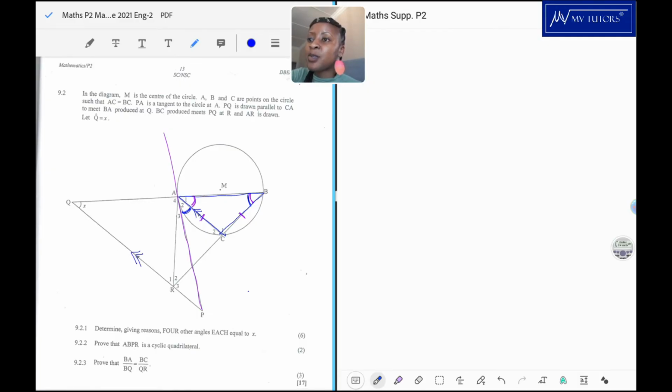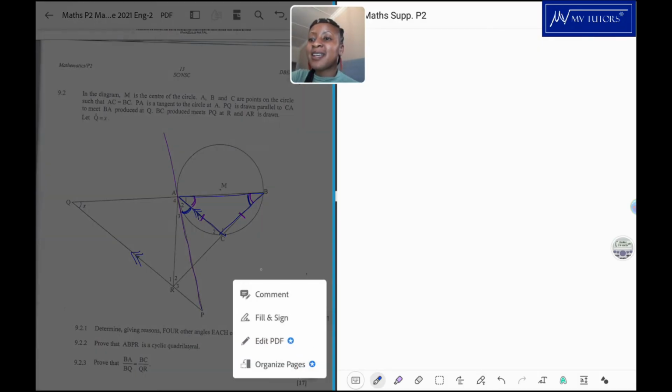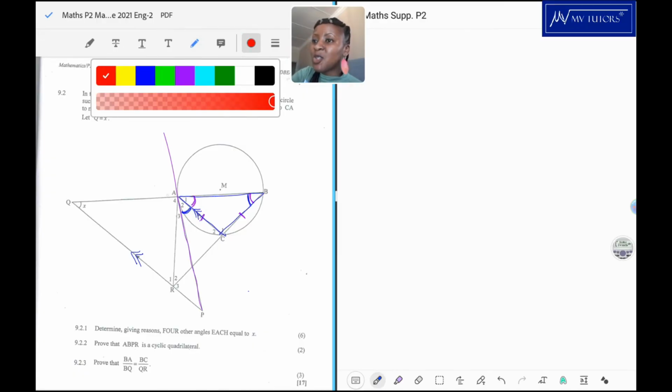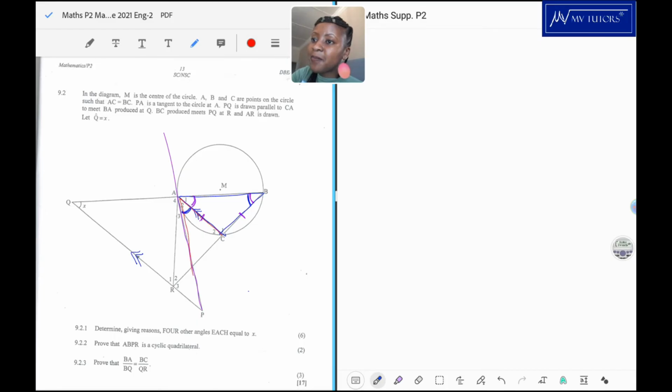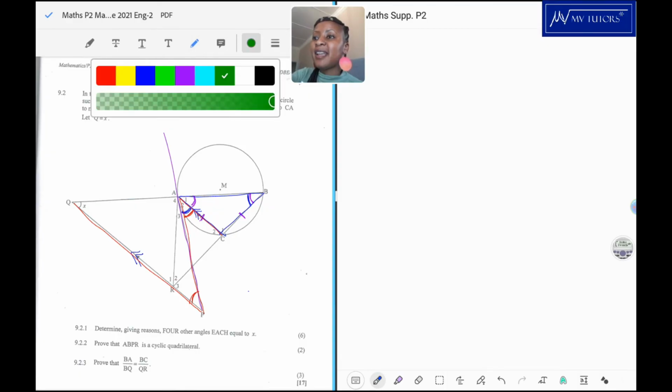So these are two parallel lines, and because there are two parallel lines, I am going to indicate that as well in the drawing. So I have my Z here. So I know that A2 is equal to P. And also if they are parallel, I know that I have a corresponding angle.